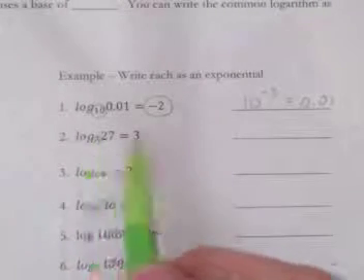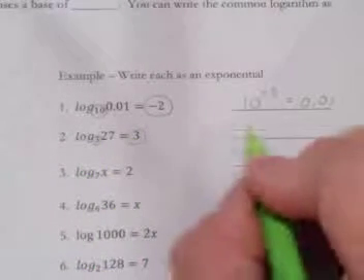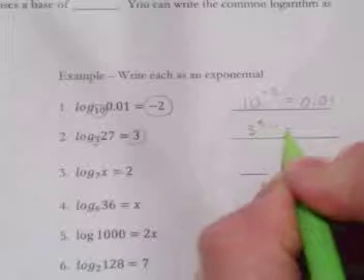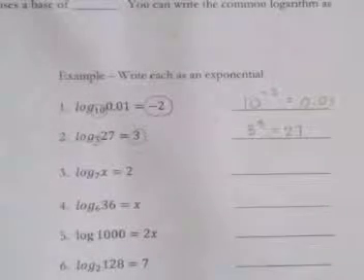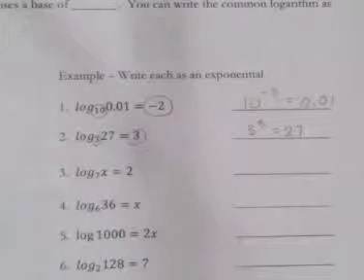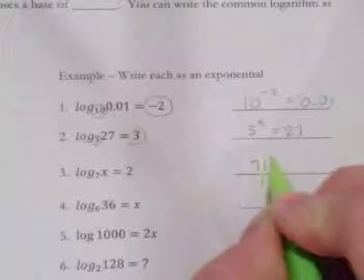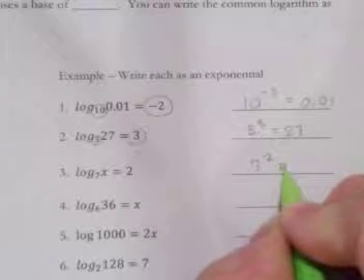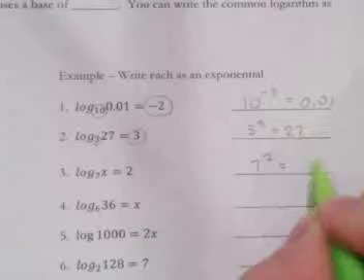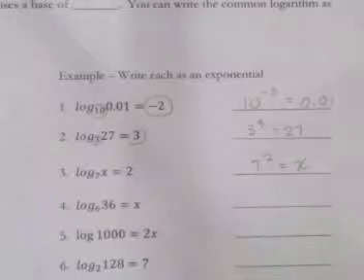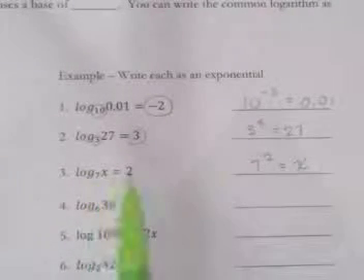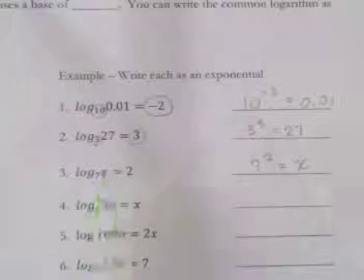Here, this is my base, and this is my exponent. 3 to the 3rd equals 27. So essentially what I'm doing on this side of the worksheet is the opposite of what I just did on the left side. My base is 7, and 7 squared is equal to x.